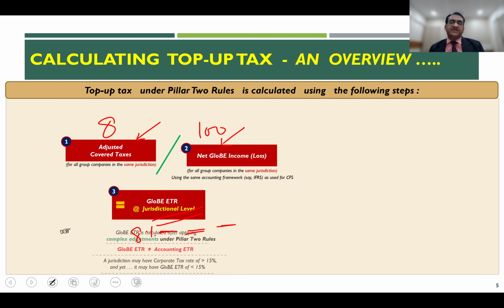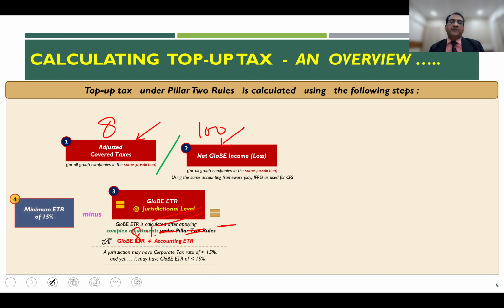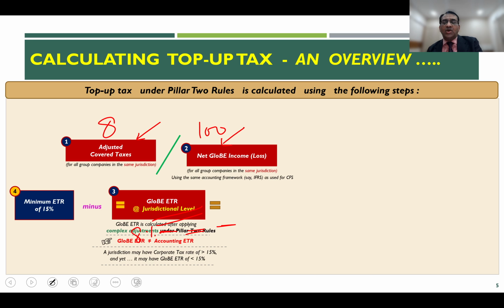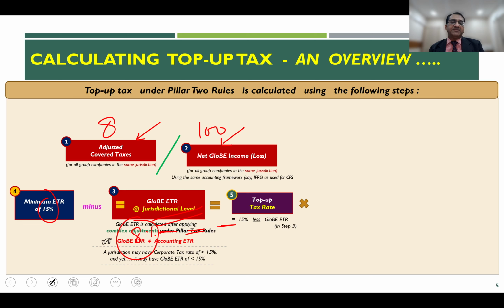Now this 8% one needs to compare with the minimum ETR under BEPS Pillar 2, which is 15%. So 15% compared to 8% will give you a shortfall of 7%.